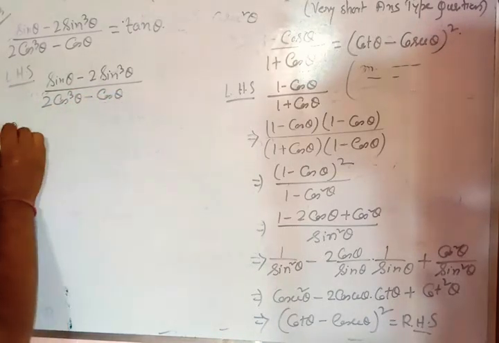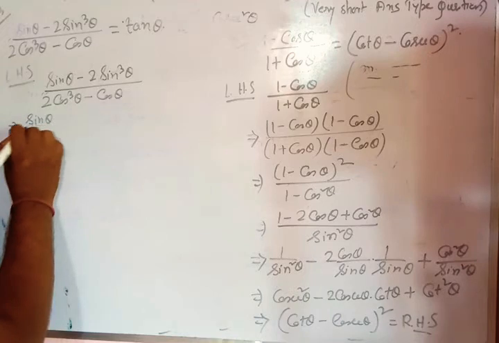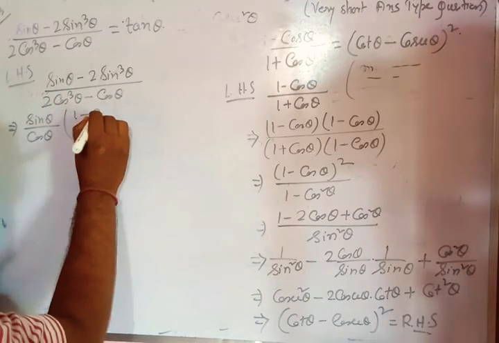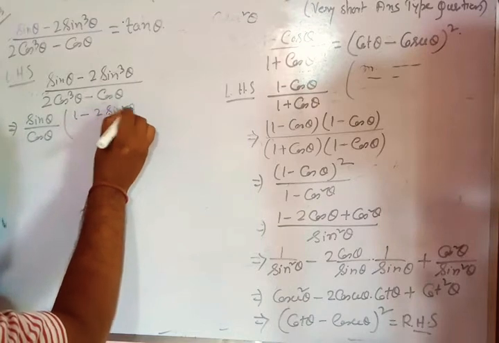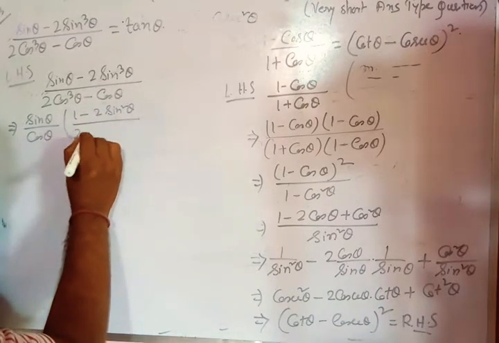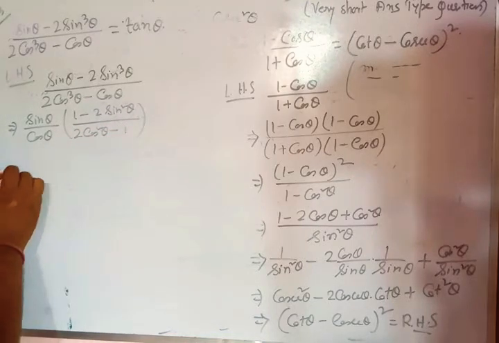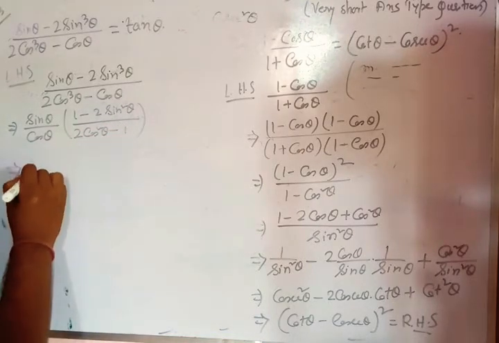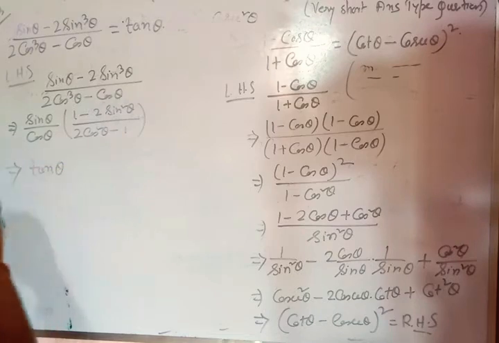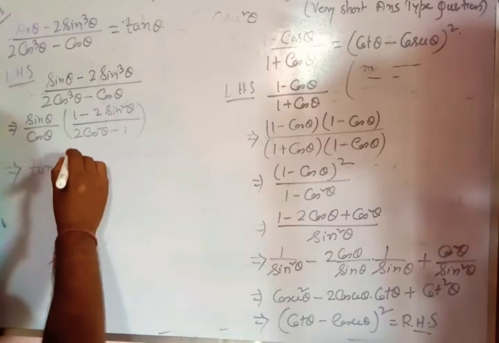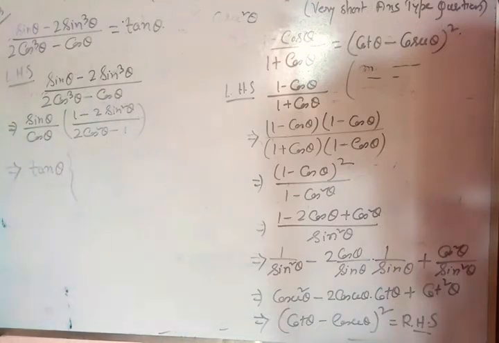Taking sin theta common and cos theta common, we are getting 1 minus 2 sin square theta by 2 cos square theta minus 1. Hope you are able to see the board. So this can be written as tan theta.